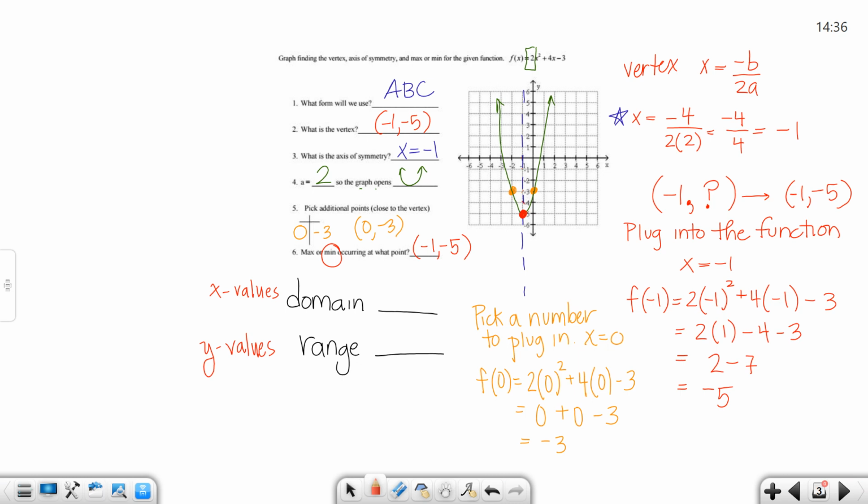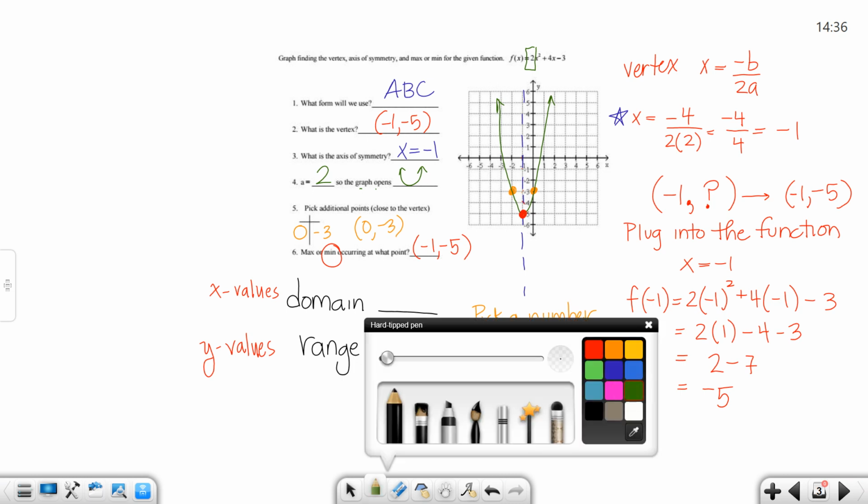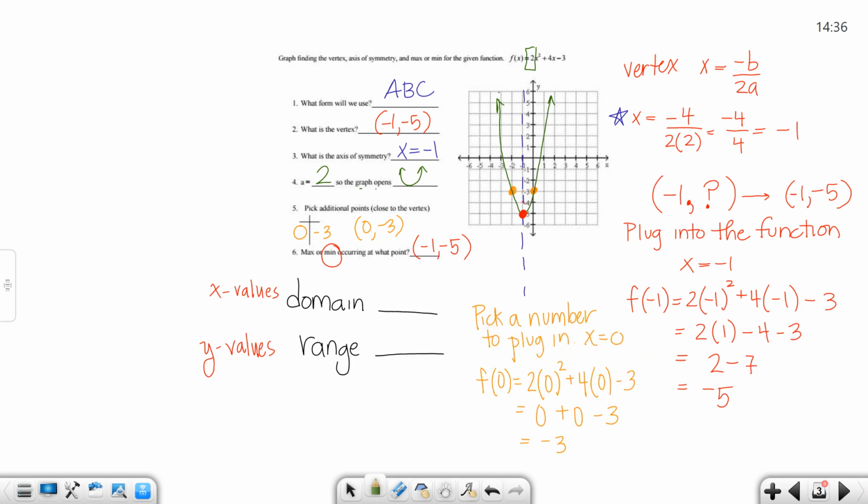Well, domain is a set of all x values. What I notice about this graph, of course it's a little rough sketched, is it's going up, up, up, but as it's going up, it's also going out. So that means it's going out in both directions and also up. That means all x's are covered.